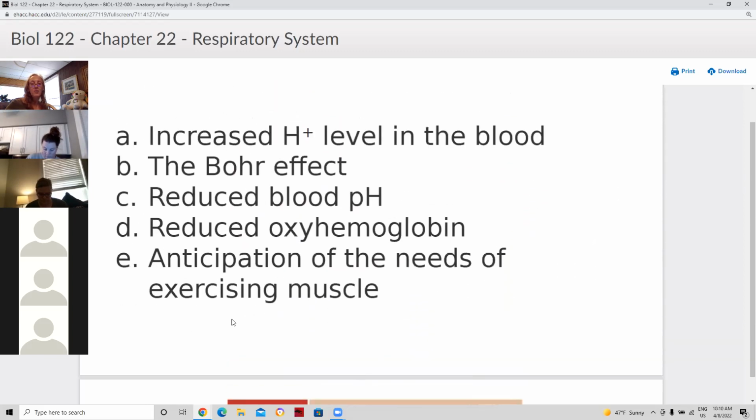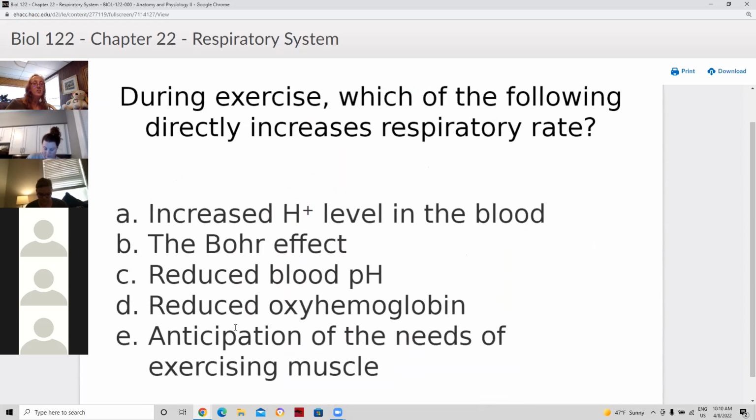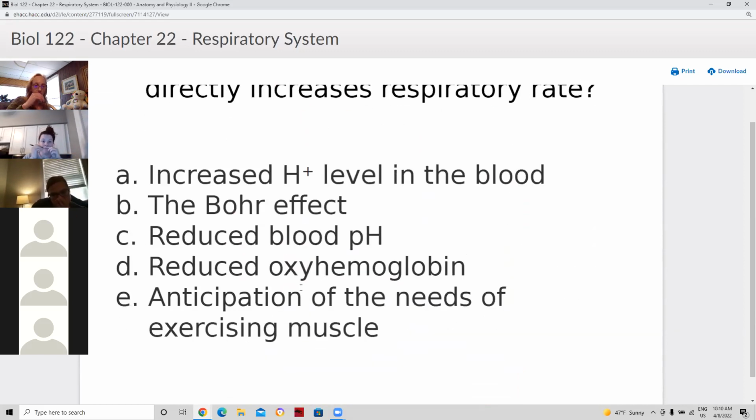And we'll see if you can answer this one. During exercise, which of the following directly increases the respiratory rates? Is it D?